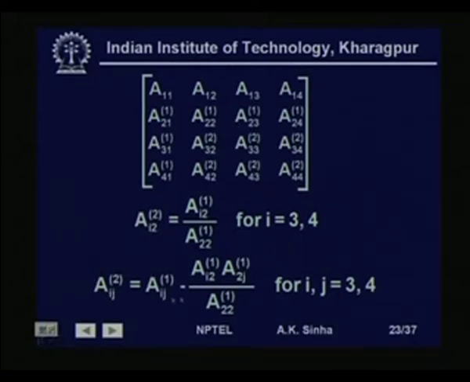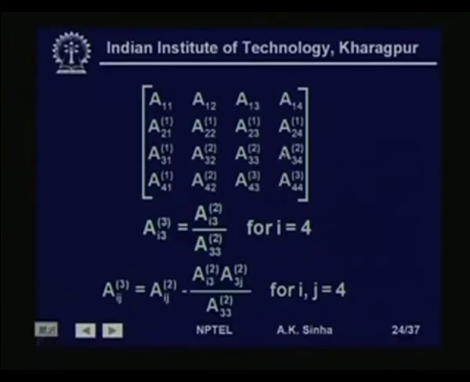These elements are given by this. Again, when we process the third column, we can process this, so we will get these elements, this and this element, this element and this element here using the same relationship.